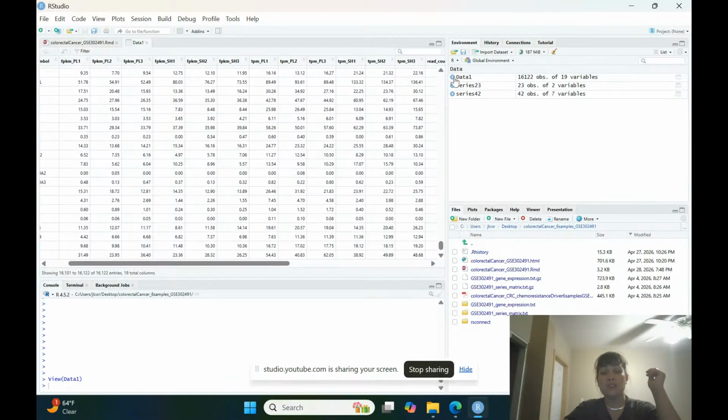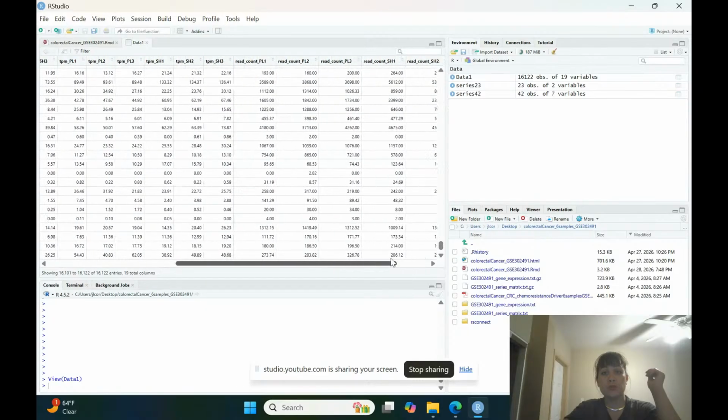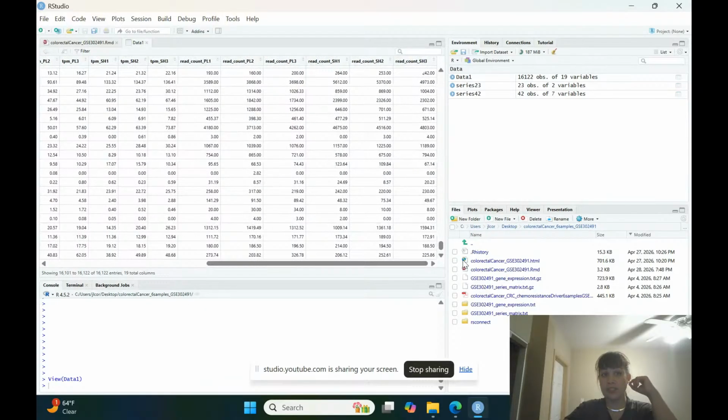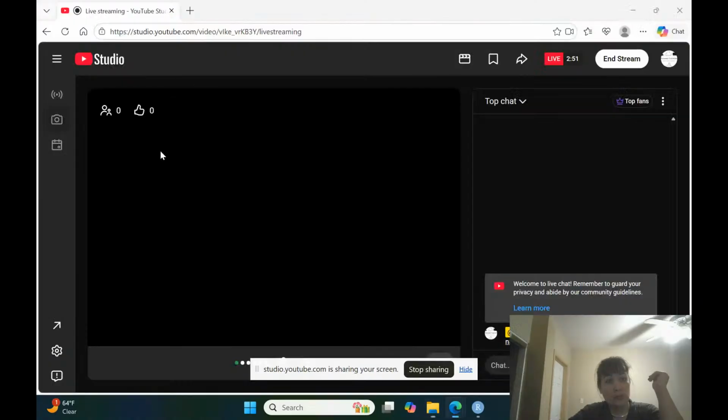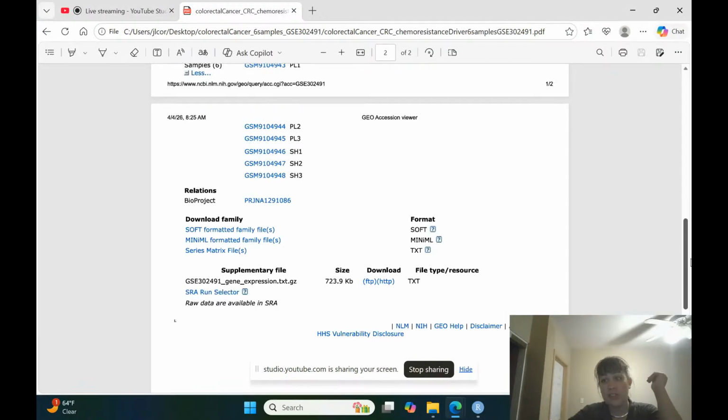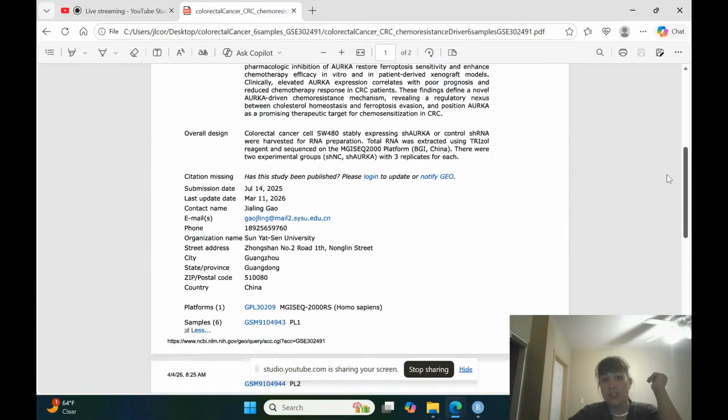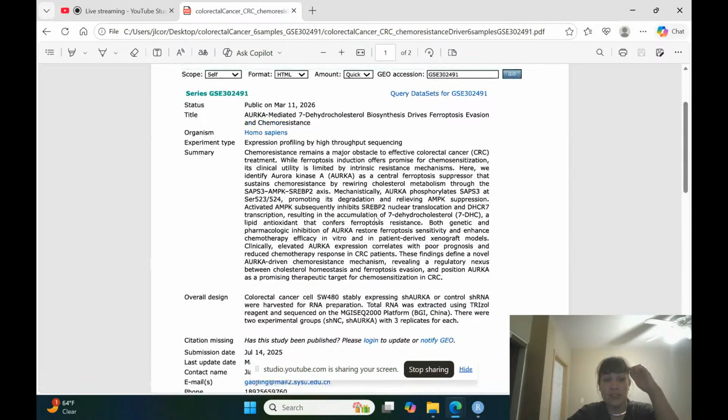We're not going to use the fragments per kilobase. I don't ever use those. Read count one, the P, those are like the controls, and then these are the treatment, what they're trying to prove, based on the information that they provided with these samples.